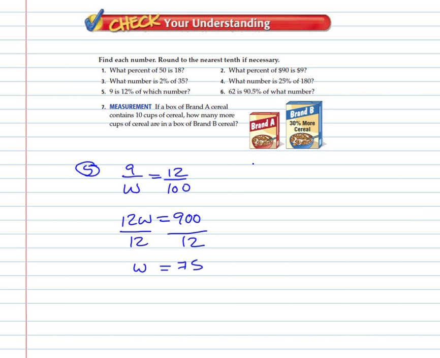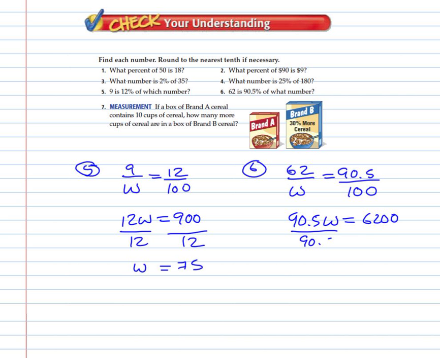Number 6. 62 is 90.5% of what number? So 62 goes here, W goes here, 90.5 over 100 here. So 90.5W equals 6,200.